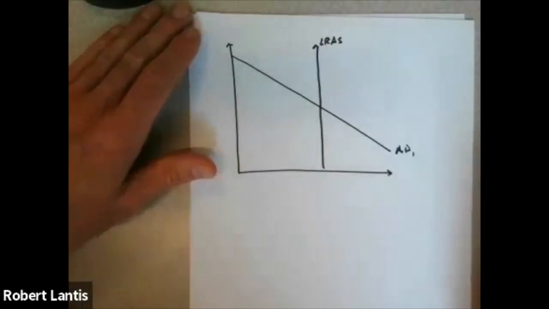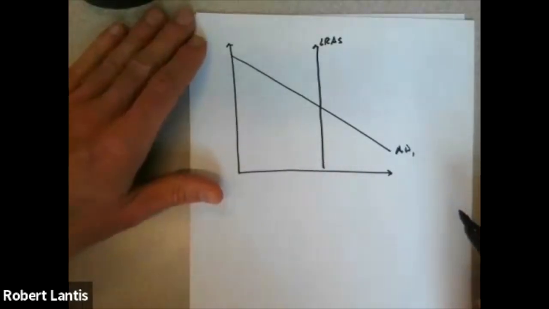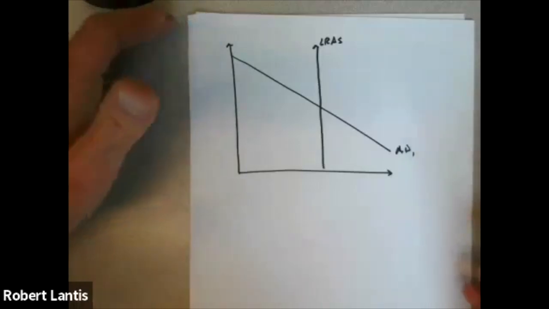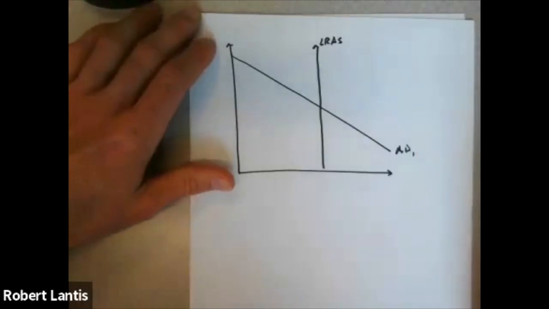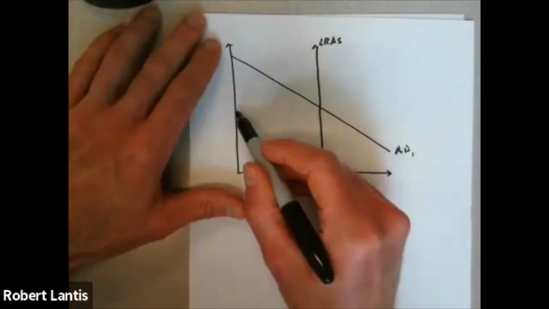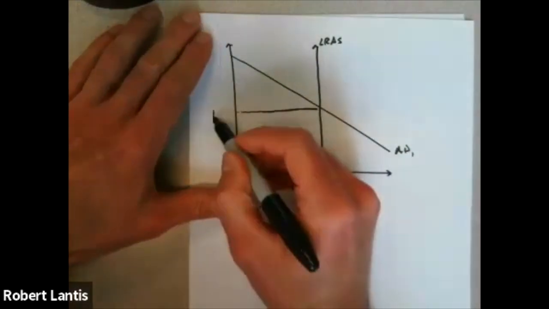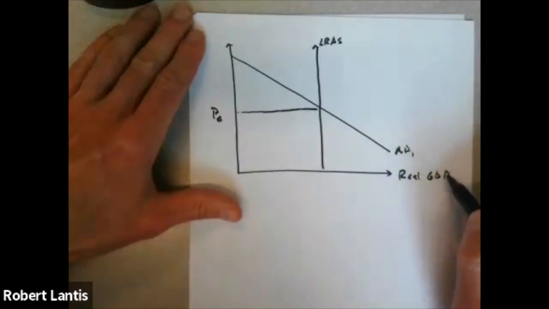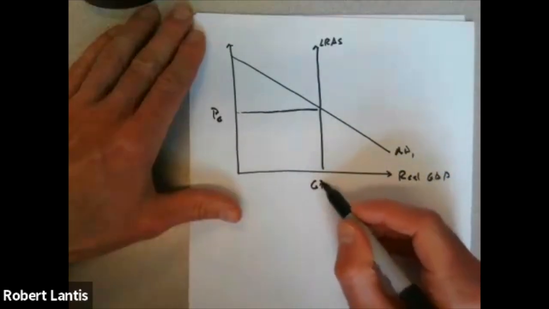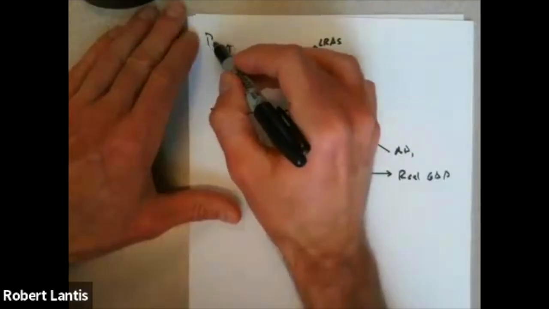Okay. So what are the things that we said impact aggregate demand? We went through a list of things. I'll use a few of them here. Let's say initially we've got our prices and our real GDP, and they start out here.